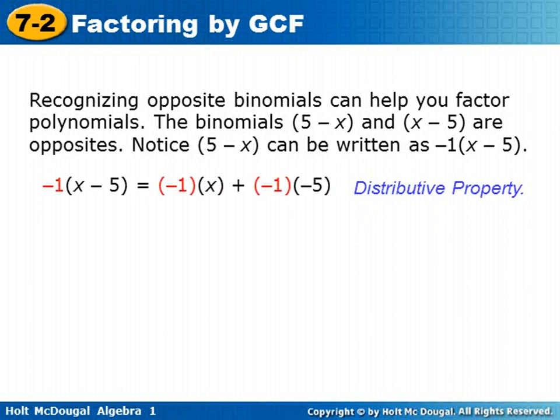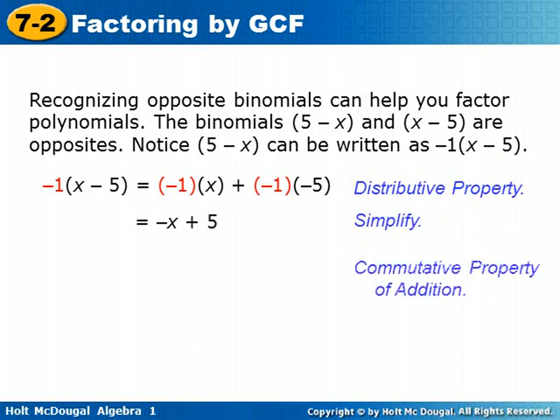Using the distributive property and then simplifying will give you the original binomial. So they're just proving that 5 minus x is negative 1 times x minus 5 if you multiply it back in.